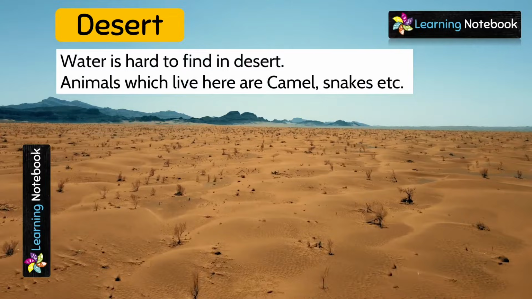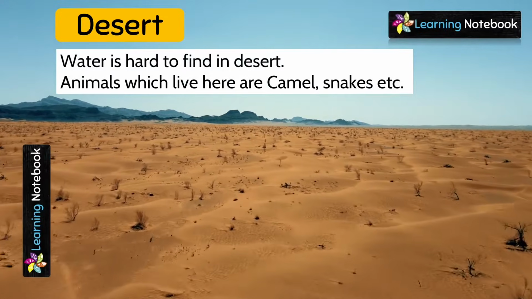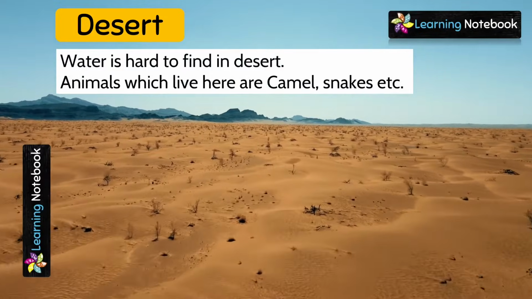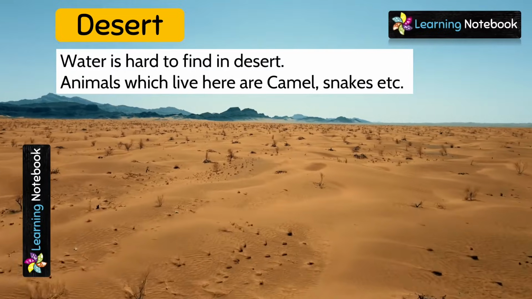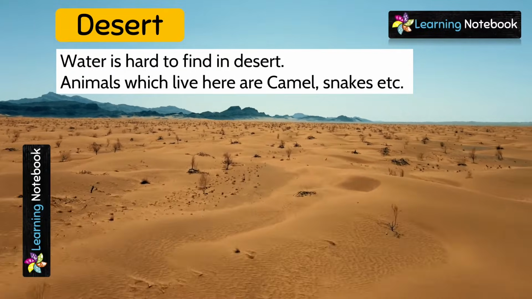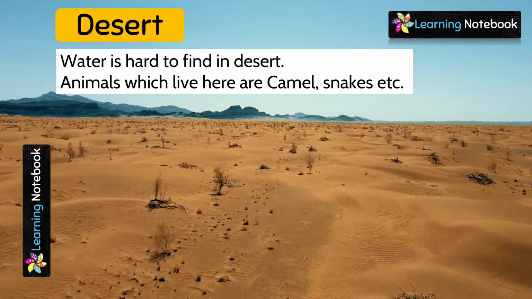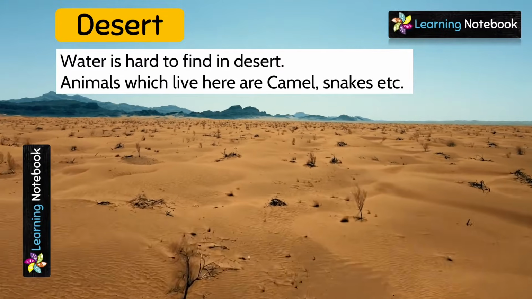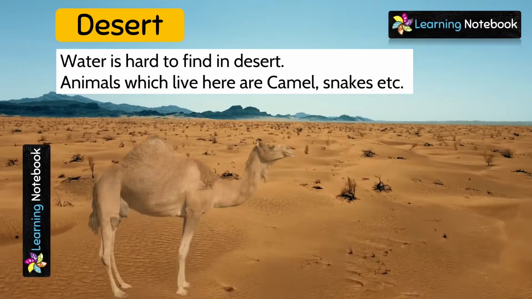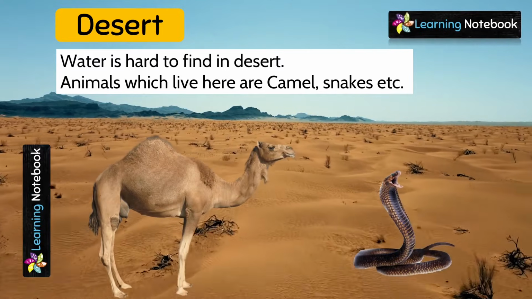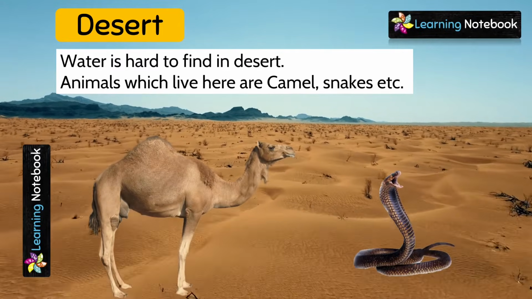Water is very hard to find in desert. Therefore, only those animals which can survive using less water are found in desert, like camels and snakes. They are found in desert because they can survive on very little water.